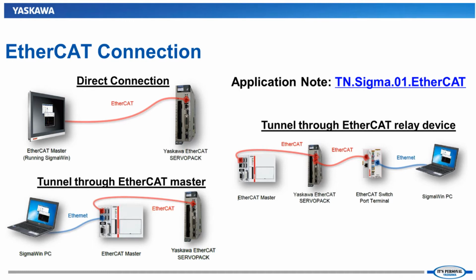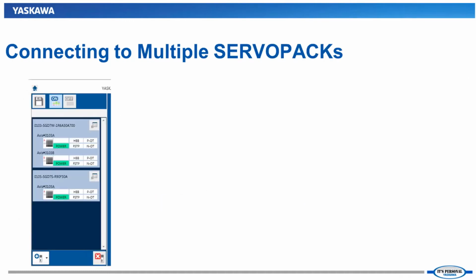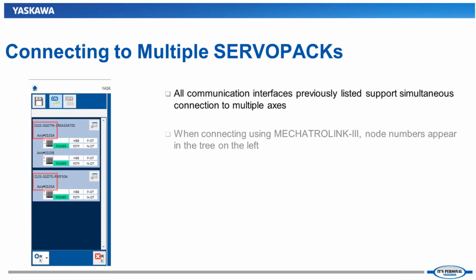It's pretty thorough. So connecting to multiple servo packs, as you can see here on the left, there is an SGD7W and an SGD7S, so a single and a dual axis amplifier that I'm connected to. When using Mechatrolink 3, the node numbers will actually appear, so you can see there's 0103, so it'll be my node number 3, and 0105, which will be node number 5.